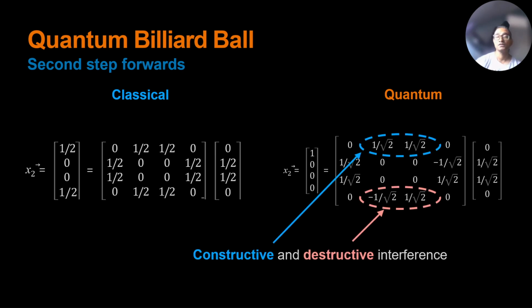That is because in the quantum state we have constructive and destructive interference. If you take the top row and multiply it with the vector's magnitudes, it adds up to a positive value, resulting in constructive interference. While if you take the bottommost row and multiply it with the vector's magnitudes, here we have -1/√2, and it ends up subtracting the value, and that's why we have destructive interference.